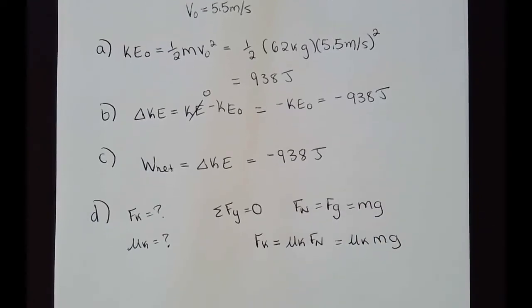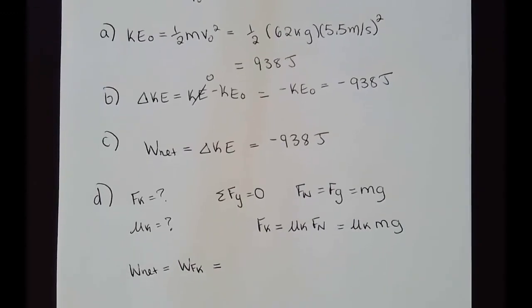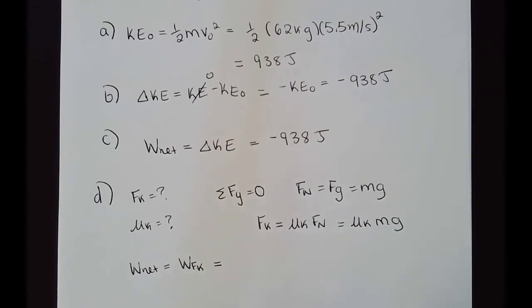All right, and that is also going to be the net force in the x direction, because there's only one force acting in the x direction there. So our net work is going to equal the work done by kinetic friction this time. And this is going to be equal to the force of kinetic friction, d cos 180, since they're in opposite directions.